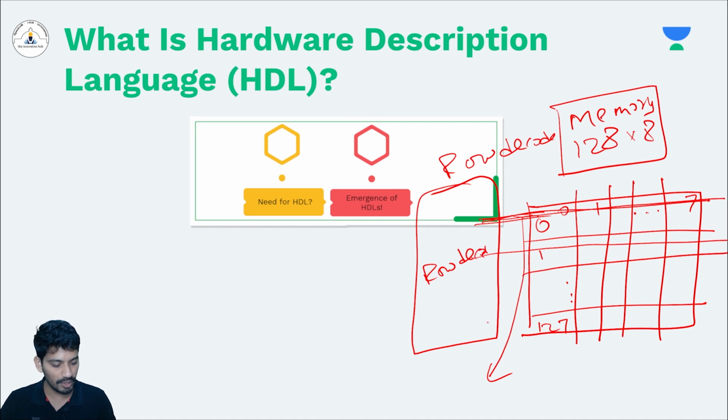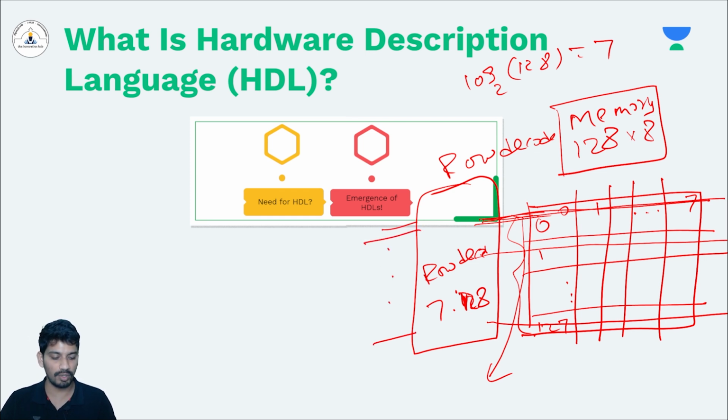Since there are 128 words, I will require a 128-output row decoder. How many inputs are required? It is just log to the base 2 of 128, which is 7. So I will do a 7 is to 128 row decoder. To design this row decoder, how many gates are required?